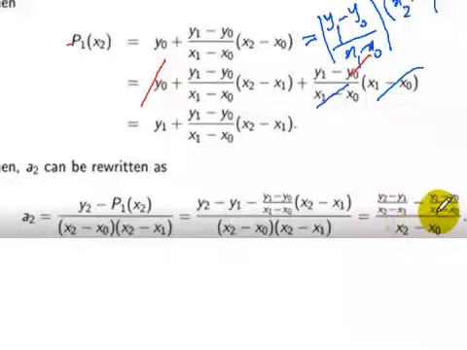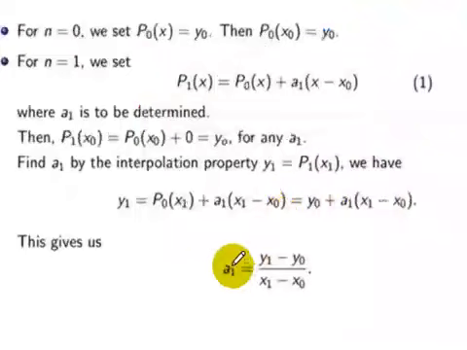So what does this mean? Let's find the meaning of the a sub 1 coefficient.